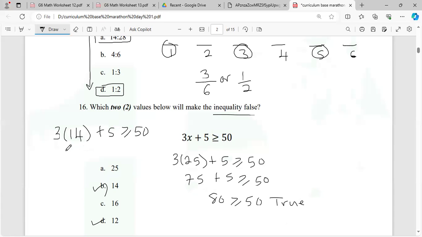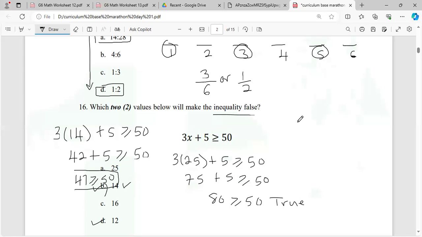So 3 times 14 is 42, plus the 5, so this would be 47, right? 47 is not greater than or equal to 50. So once we get 14 to be less, it's impossible for 12 to be greater.